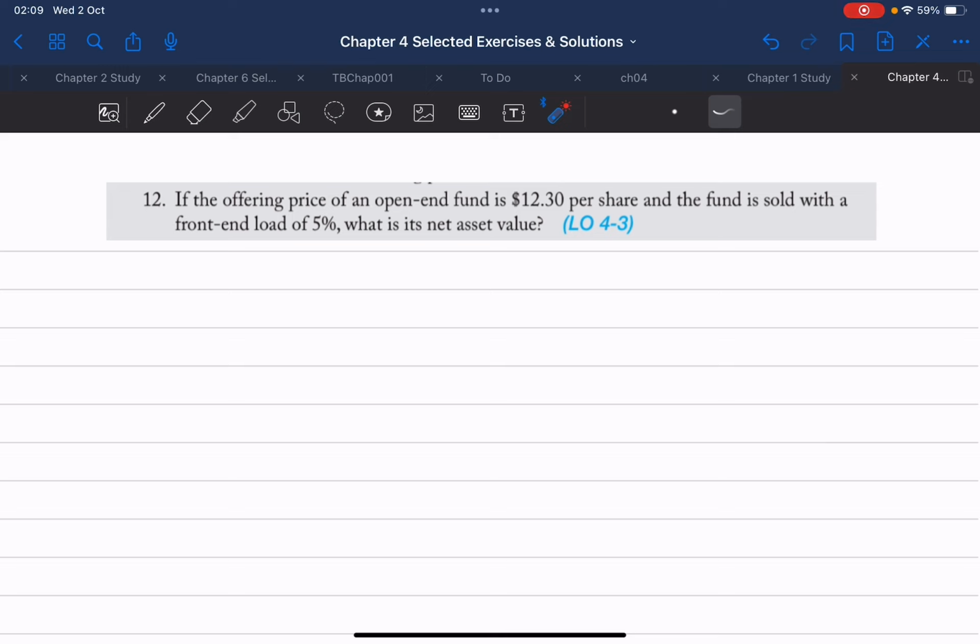Now, if you remember in the previous question, we had a similar question, but the missing value was the offering price, whereas in this question they are giving us the offering price right here, and also they're giving us the front-end load, but the question wants us to calculate the net asset value.